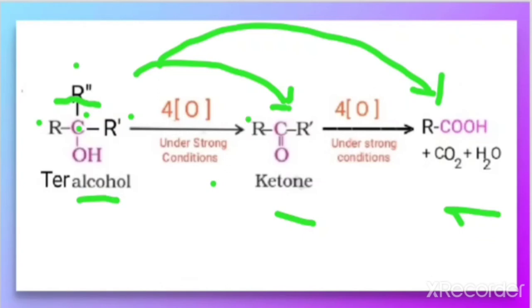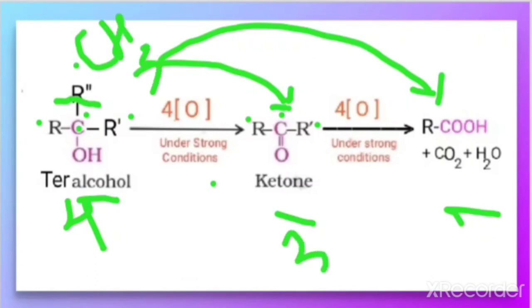But in the case of the ketone, you can see only two alkyl groups and this carbon. So if there are 4 carbons here, when the alkyl group is CH3, here there are 3 carbons, and here it is 2 carbons.